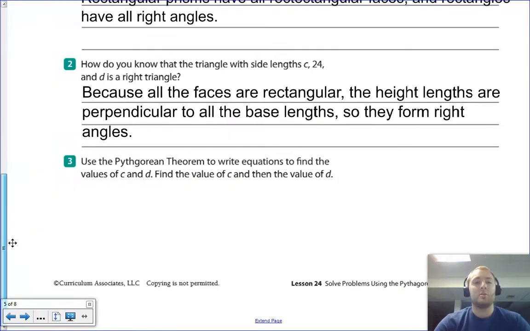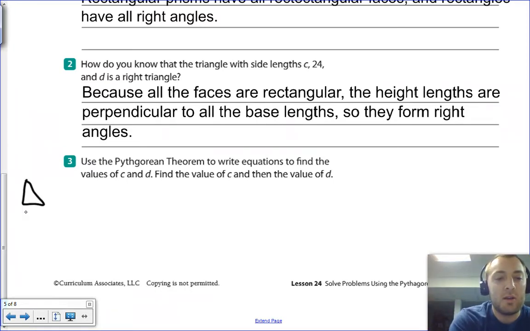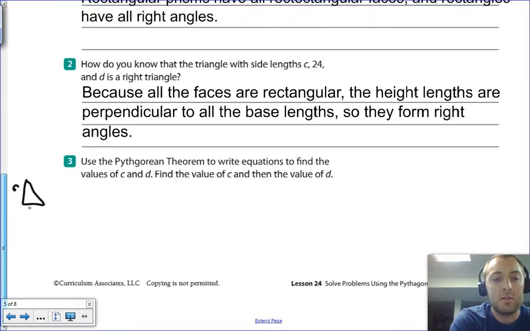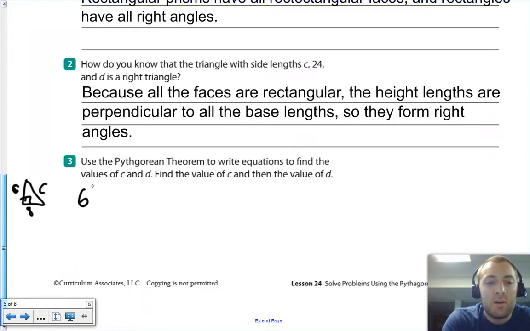So it says use the Pythagorean theorem to write the equations to find C and D and show your work. Okay, find the value of C and then find the value of D. So what we said there, that little triangle, a 6 by 8. So 6, 8, and C. This is a right angle. Oh, this is a 6, not a C. We can use the Pythagorean theorem. 6 and 8 are our two legs, so 6 squared plus 8 squared.